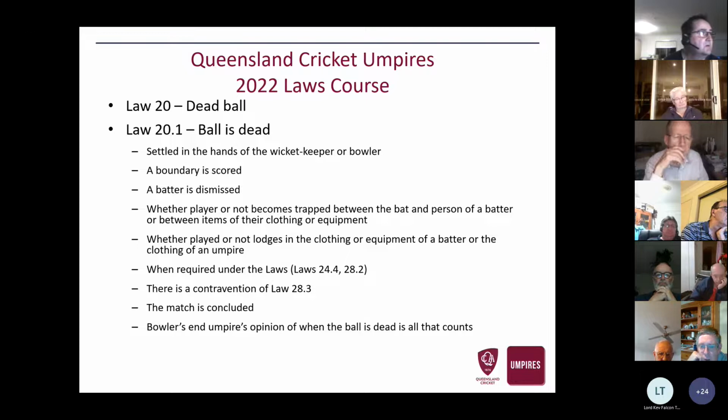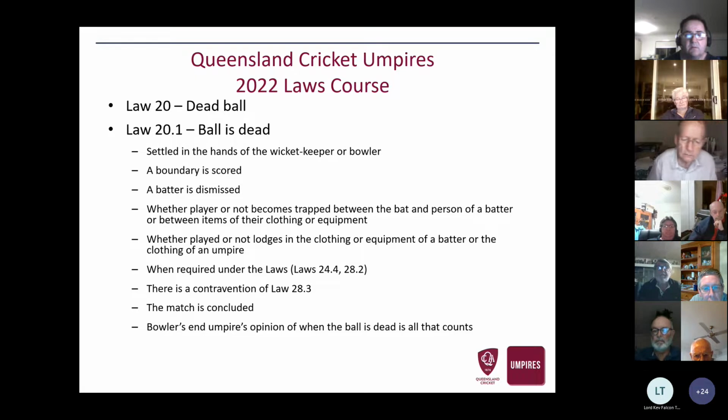When the ball lodges in the clothing or equipment of the batter or the clothing of an umpire, where required under the laws, so Law 24.4 and 28.2, which we will get to shortly, when there's a contravention of 28.3 around helmets belonging to the fielding side, when the match is concluded, but ultimately and above all else, in the opinion of the bowlers and umpires, when the ball is dead.